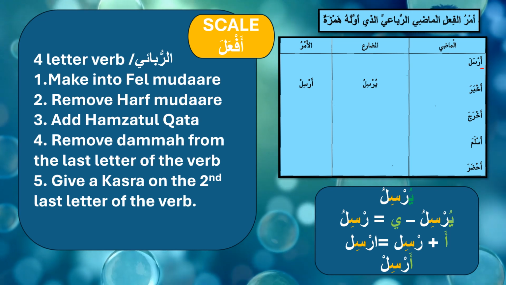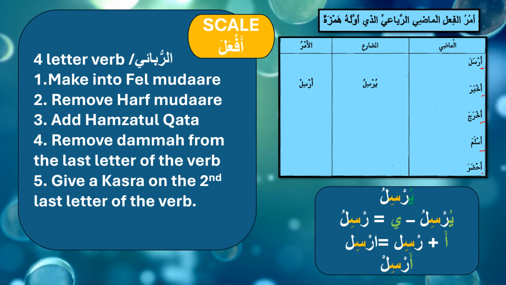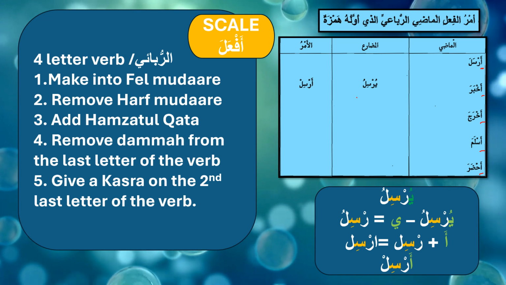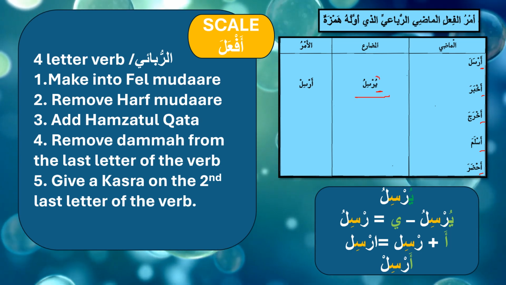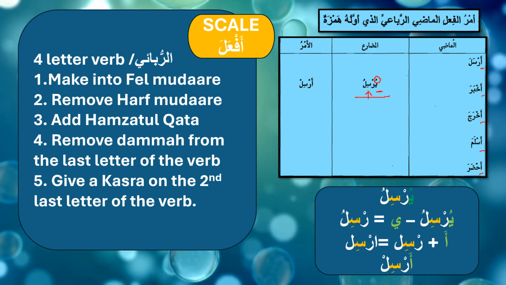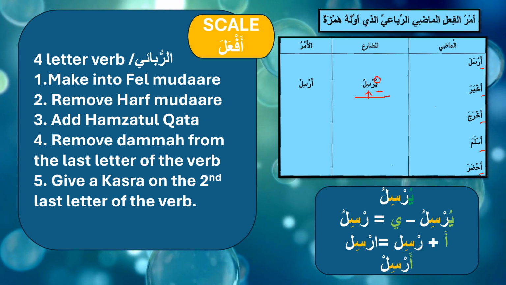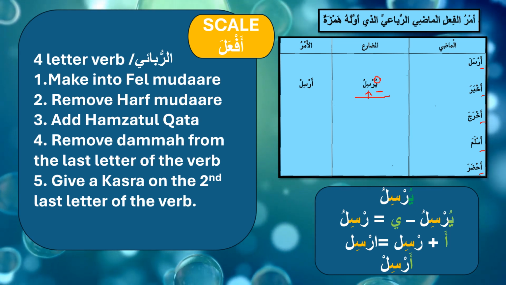As you can see, arsala, akhbara, akhraja, aslama, ahdara. The moment you form the present tense, what is happening? Check the harf mudare, it has a dhamma. And check the second last letter, which is the sin, having a kasra. So these are the two main changes which happen the moment you make it into present tense.